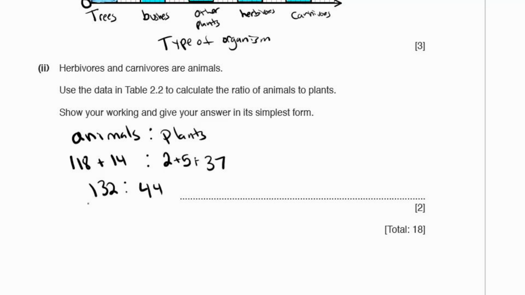If we divide them both by 44, which is the smallest number, we get 3 to 1. Okay, so the ratio is 3 to 1 animals to plants.